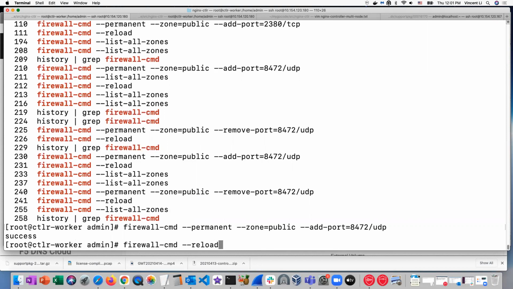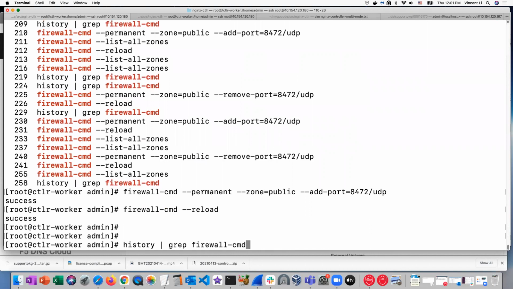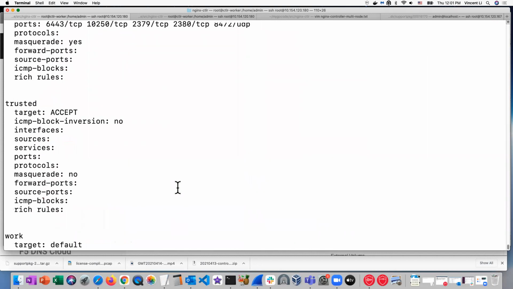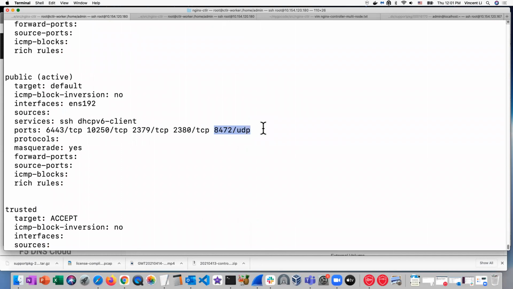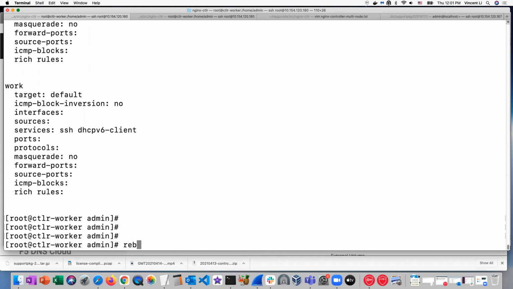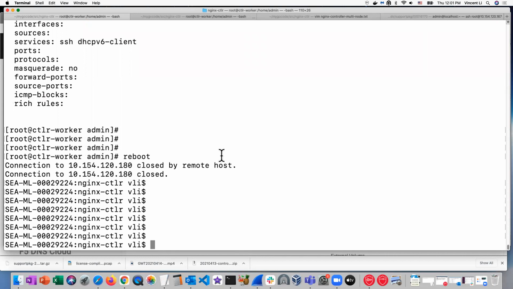Okay. So let's check if it's allowed. Okay, it's added here, UDP port 8472. Okay, let's redeploy this workload.